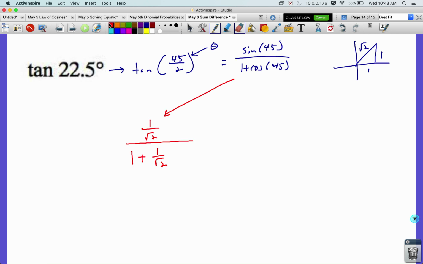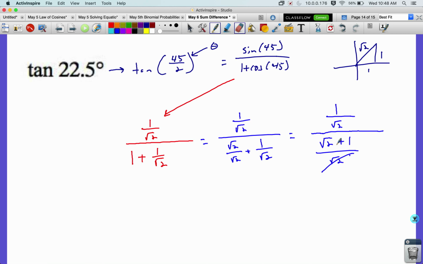And now we just got to simplify this. So turn this into 1 over root 2 over root 2 over root 2 plus 1 over root 2, which equals 1 over root 2 over root 2 plus 1 over root 2. These can cancel out. So now I've got 1 over root 2 plus 1. You got to multiply by the conjugate.